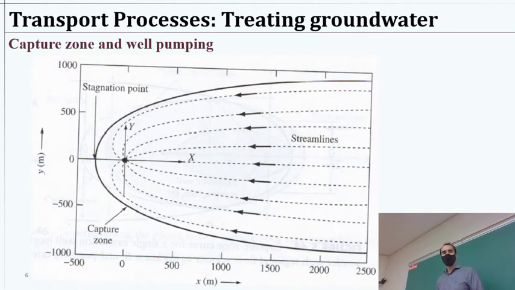Last thing, what I'll say is the way you can treat groundwater is typically, one of the common ways is to pump the groundwater out, and you'll cause a cone of depression. So here what we're looking at is kind of an aerial view where we have a pump here.